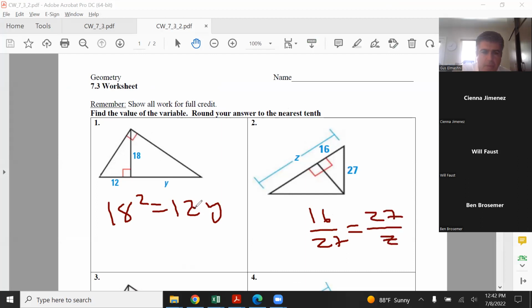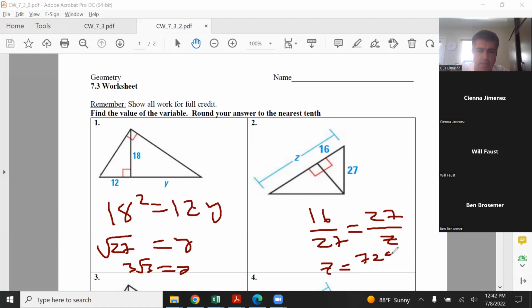And if you were to work those out, what's 18 squared divided by 12? So you have root 27, which is 3 root 3, by the way. Over here, you have 27 squared divided by 16. So z is going to be 729 over 16, which is 45.56.